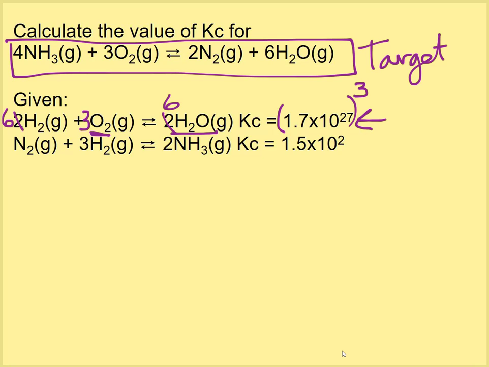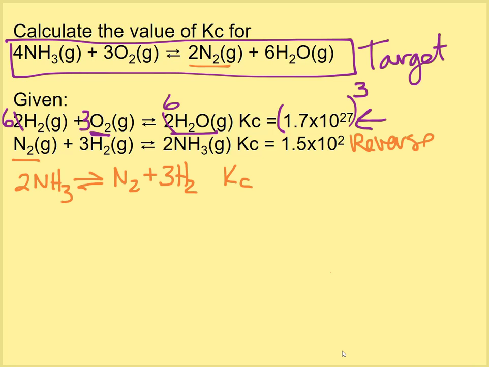And then let's look at the next one and see if we can match anything up. I see that I have a nitrogen here, but the nitrogen in the target equation is on the other side. So I'm going to reverse this equation. And remember, when you reverse the equation, you take the inverse of the K. So I rewrote that, so I'm just going to cross out this equation because I don't need it anymore.